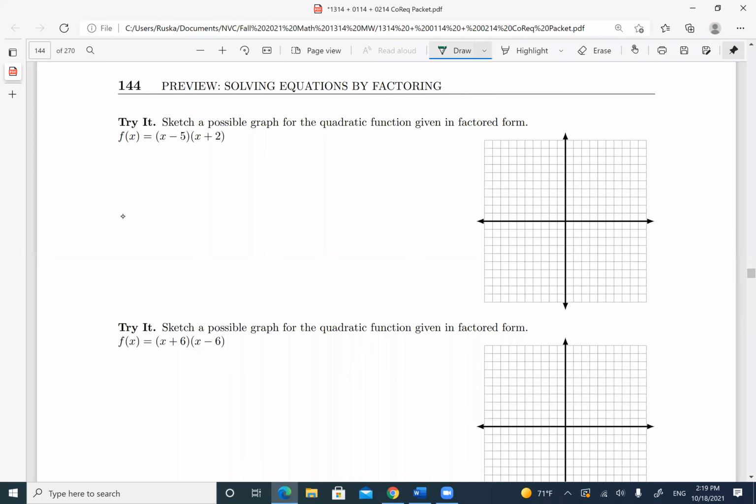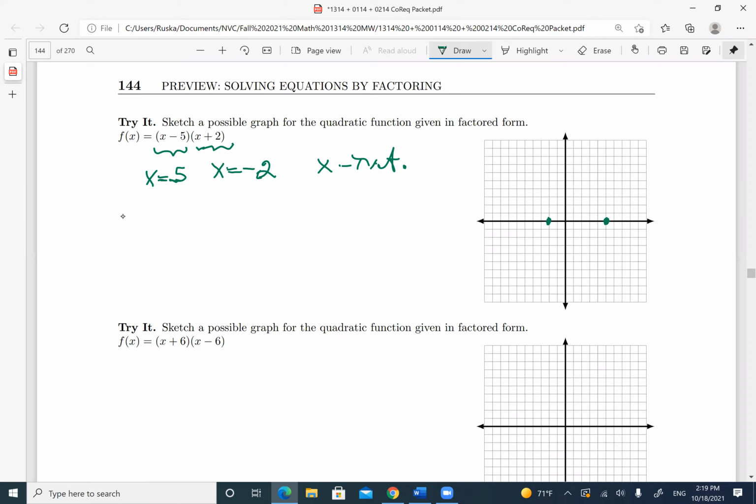So from the factors, I'm going to get the x-intercepts. What are the x-intercepts? x equals 5, the opposite of -5, right? And from the second factor, I get x equals -2. Those are my x-intercepts, so the graph is going to go through -2 and 5.